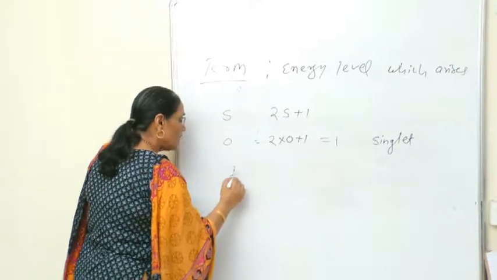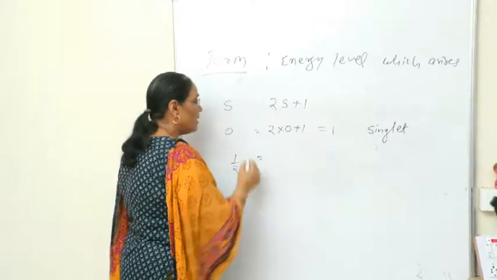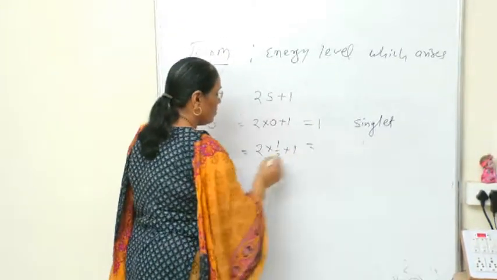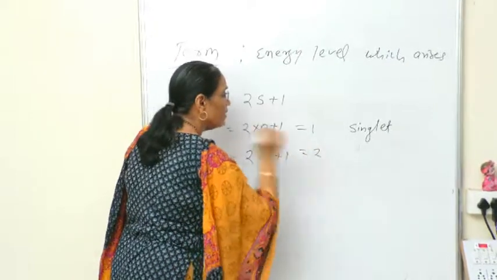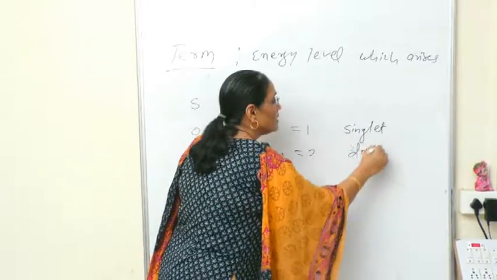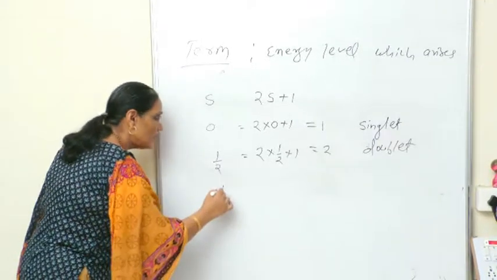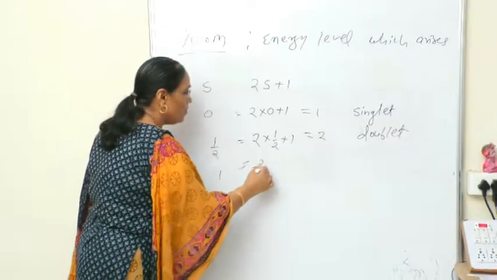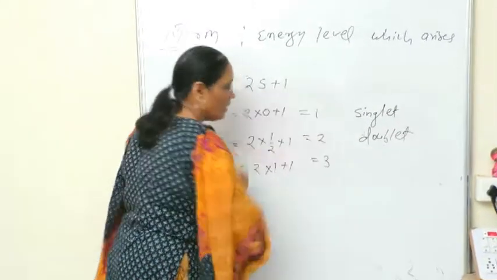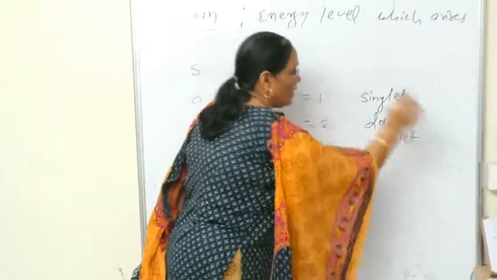When the total spin is 1/2, that is one electron is unpaired, the spin multiplicity is 2 into 1/2 plus 1, which is 2, and the term is called doublet. When the total spin is 1, 2 into 1 plus 1 is 3, the spin multiplicity is 3, and the term is triplet.